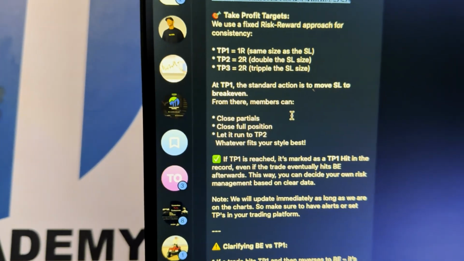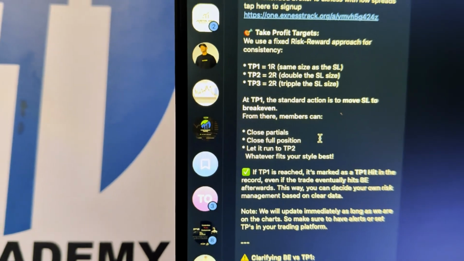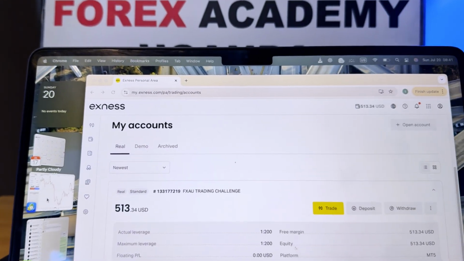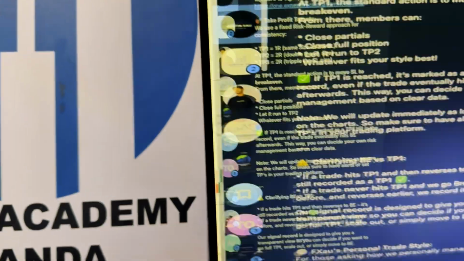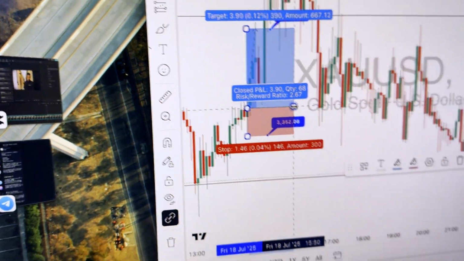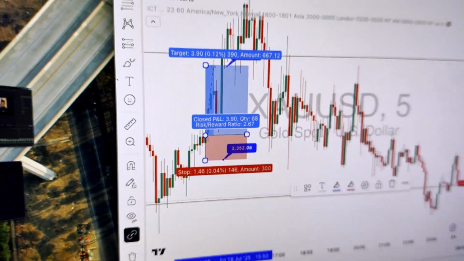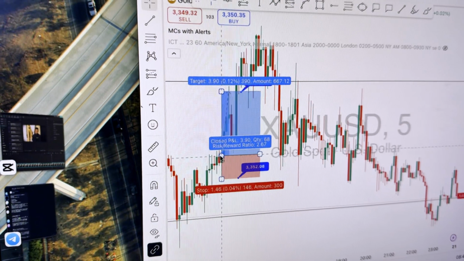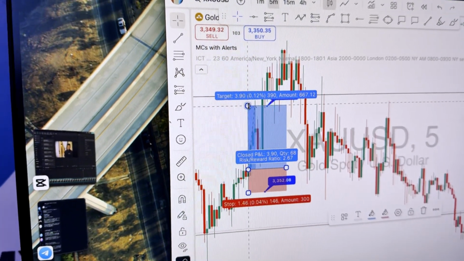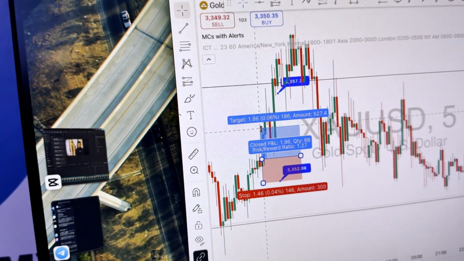So at TP1, the standard action is to move SL to break even. So whenever we reach TP1, let me explain using TradingView. Whenever you reach TP1, this is our trade we had on gold. So we have our entry right here, and then TP, this is 2 RR, this is TP2. Get it? So TP1 is always at 1 RR.